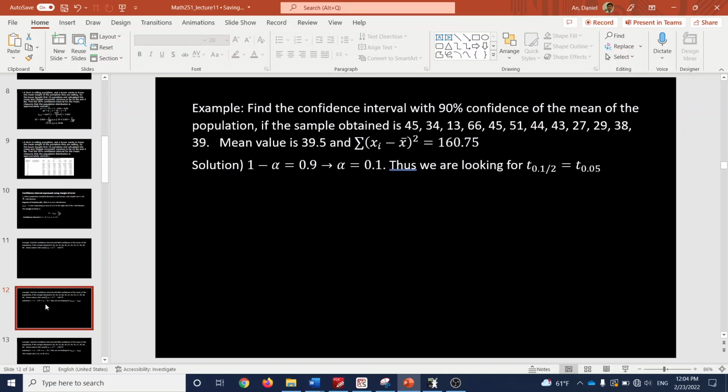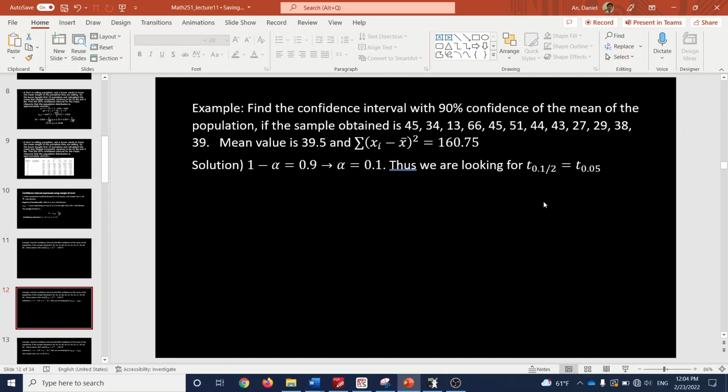All right, so first, if you're looking for 90% confidence, you do 1 minus alpha equal to 0.9. By the way, this is exactly on your handout, so maybe it's better to look at your handout and put additional notes there. Okay, so you have less writing. All right, so you have 1 minus alpha equal to 0.9, because alpha is the significance level. So the significance level is 10%. And therefore, we're looking for the critical value, t 0.1 over 2.